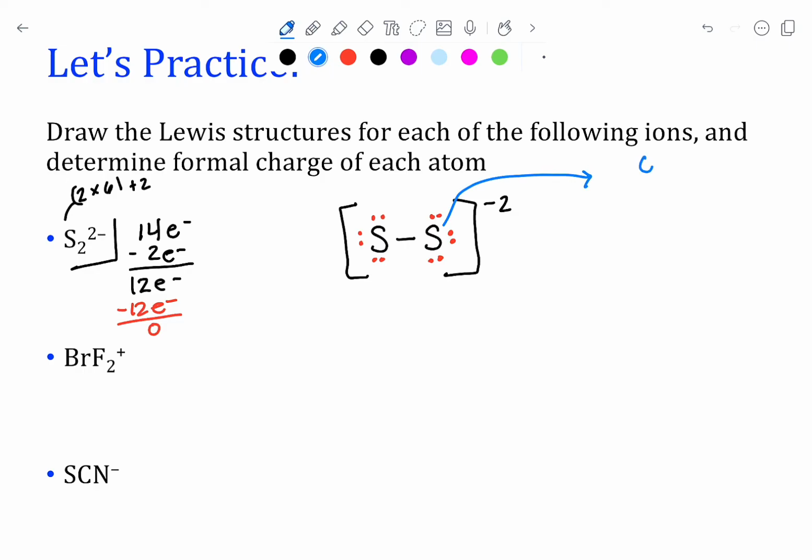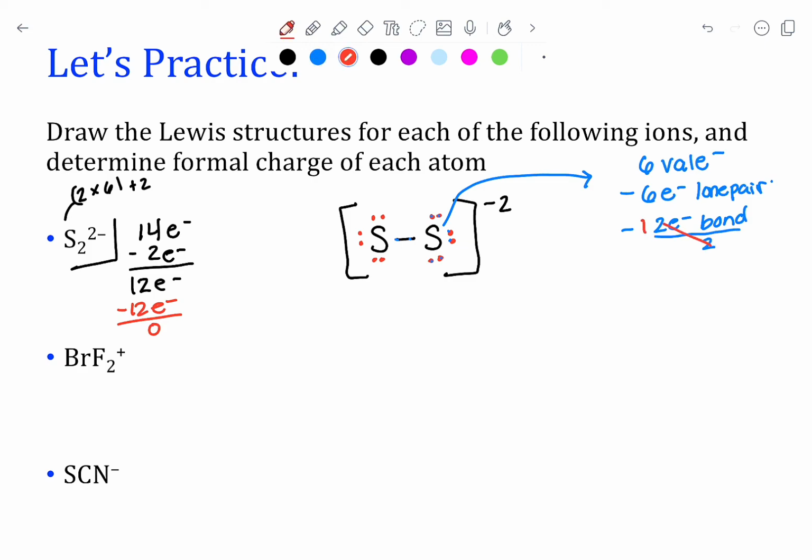So sulfur has 6 valence electrons. Each sulfur has 1, 2, 3, 4, 5, 6 electrons in lone pairs. And each sulfur has 1 bond, which has 2 electrons. So we're going to subtract off our 2 electrons from bonds, but divide it by 2 since they're being shared.